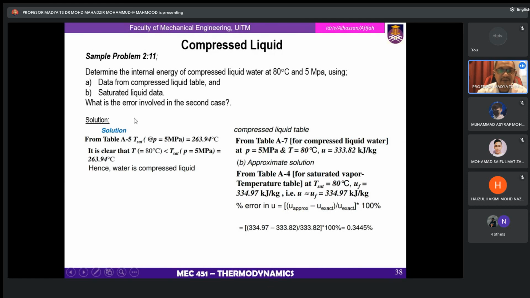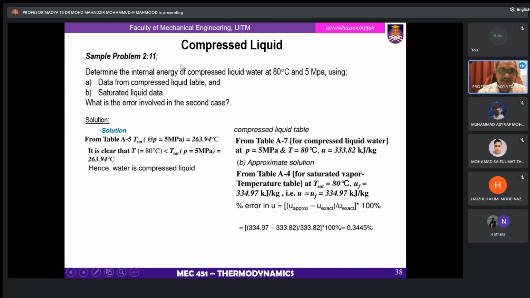From the solution, when we use table A5 at 5 megapascal, we get 263.94 Celsius. It is clear that the temperature of 80 Celsius is less than T saturated at 5 megapascal. So we can conclude that the water is compressed liquid.